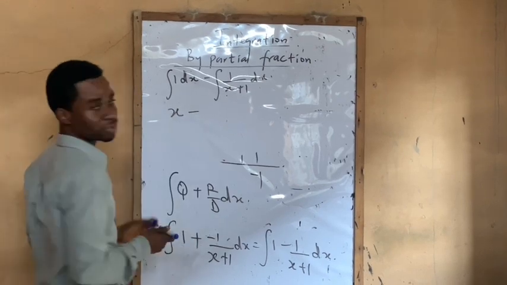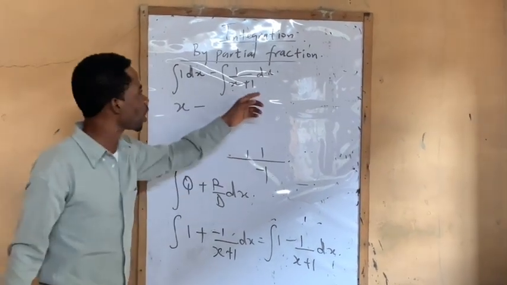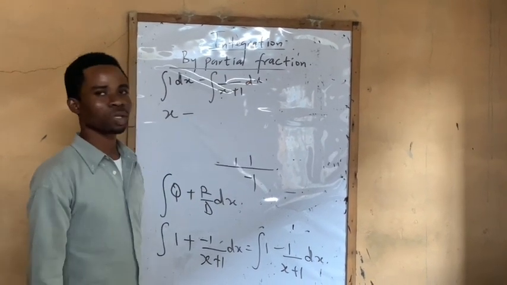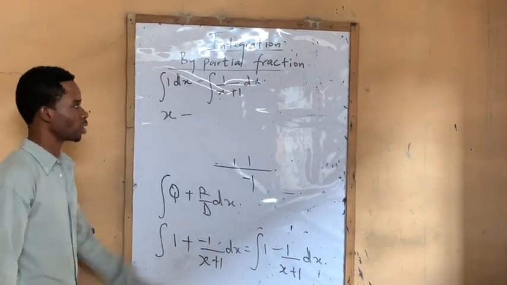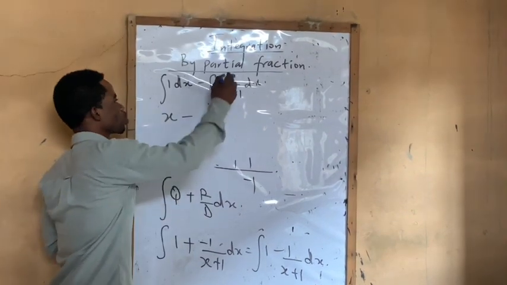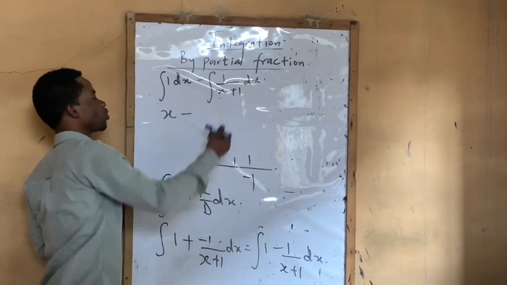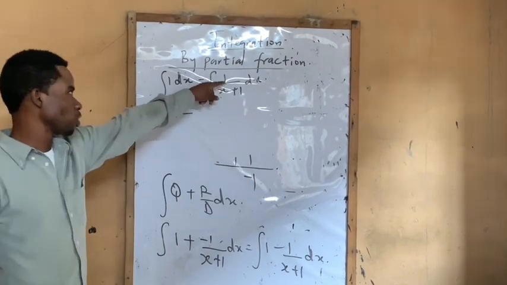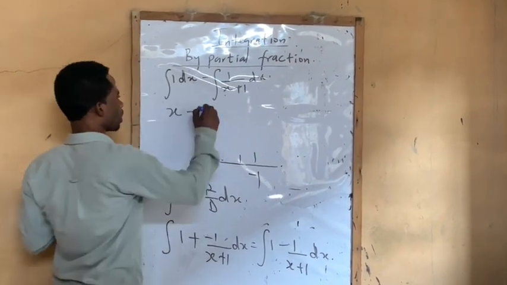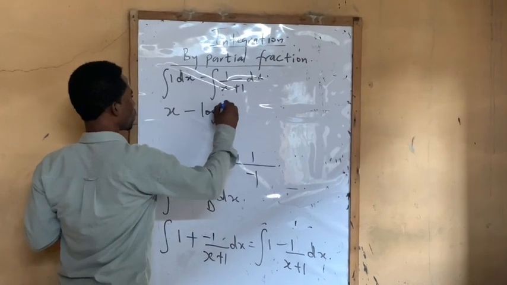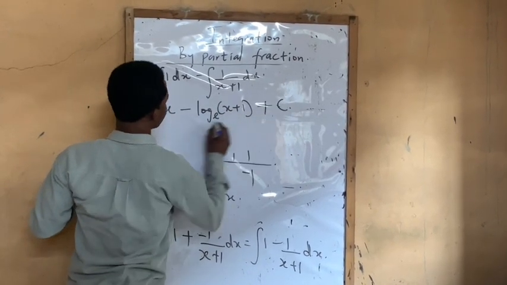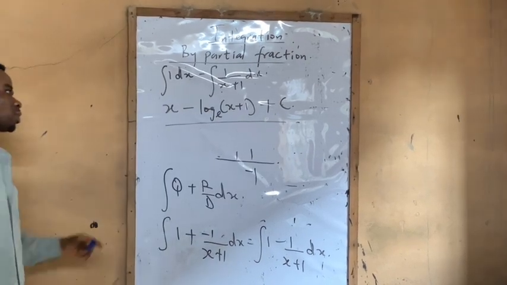Minus, like I said earlier, when the differentiation of the denominator is equal to the numerator, you just apply log exponential. So differentiation of x is 1 and differentiation of 1 is 0. That means everything here is 1, which gives us the numerator back. That means we're going to get log of x plus 1, plus the arbitrary constant c. So that is that for number 2.